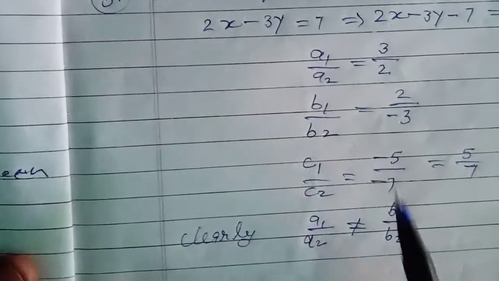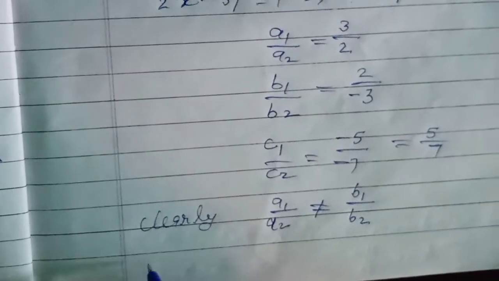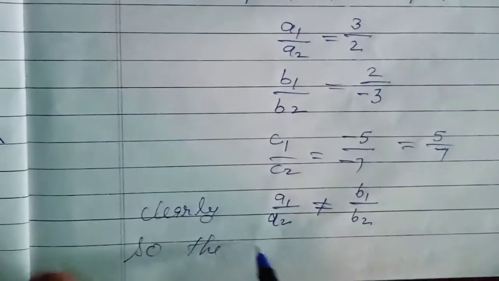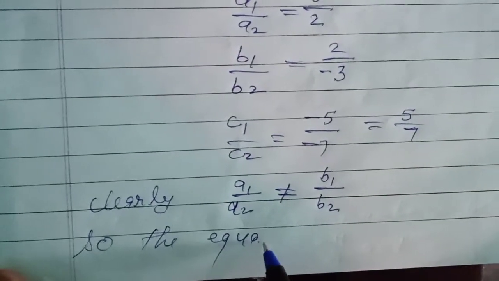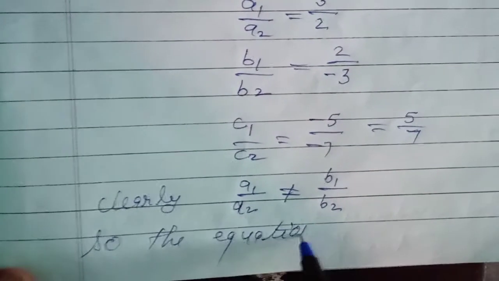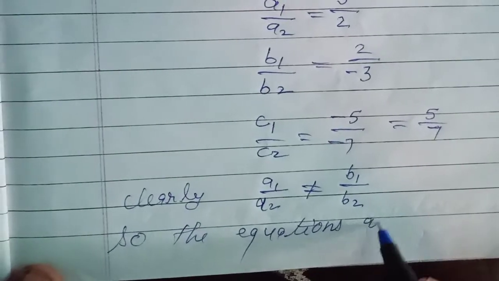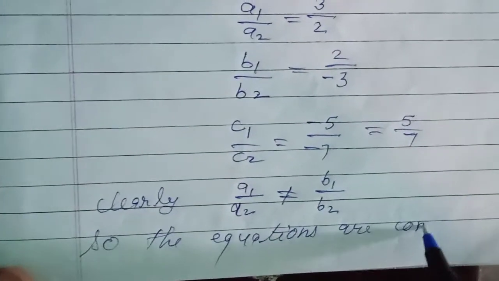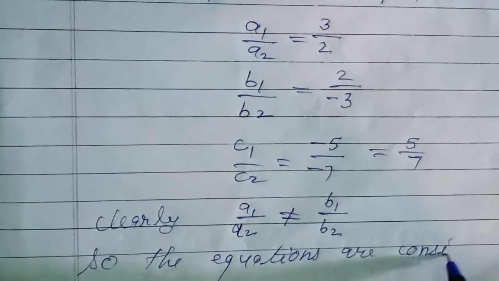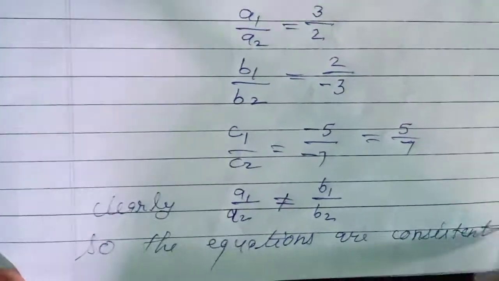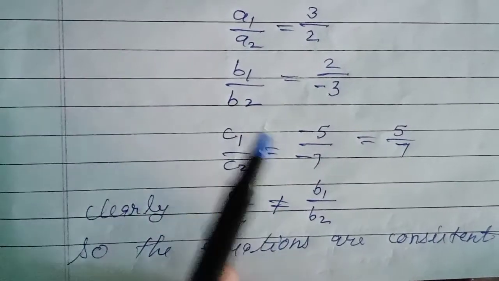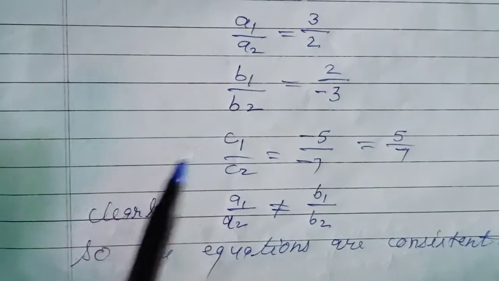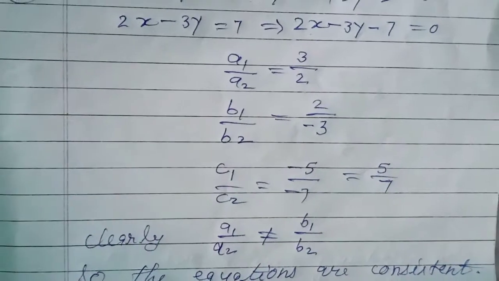It means the equations are consistent. Consistent means the equation has a solution. Inconsistent means the equation has no solution.